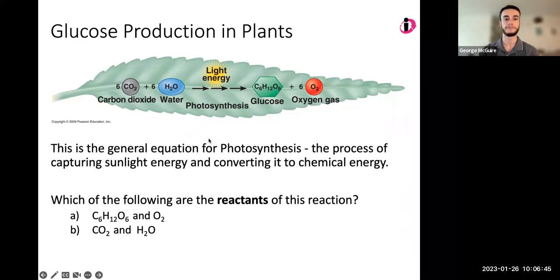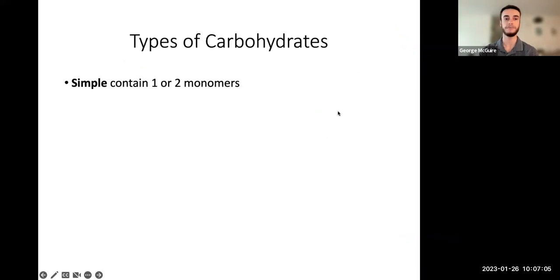In this equation, we have 2 reactants and 2 products. The reactants, what are reacting at the beginning of this chemical reaction, are carbon dioxide and water. And the products, what is produced, are glucose, which can be used or stored, and oxygen, which is the waste released back into the atmosphere.